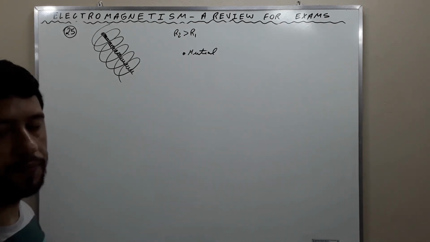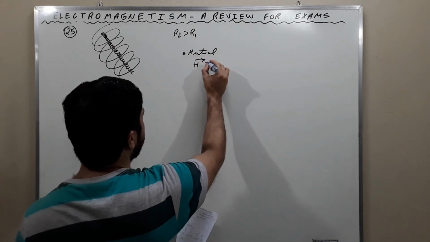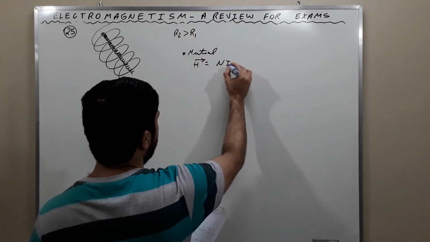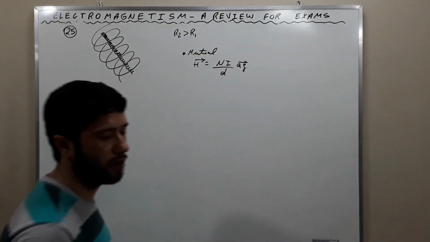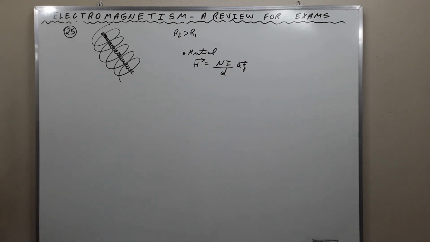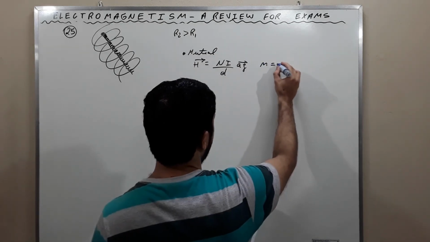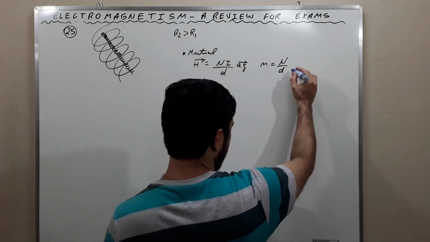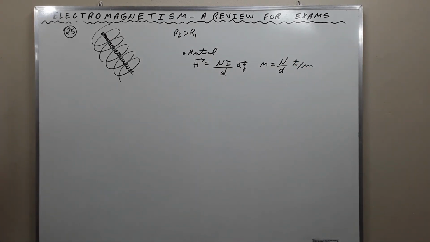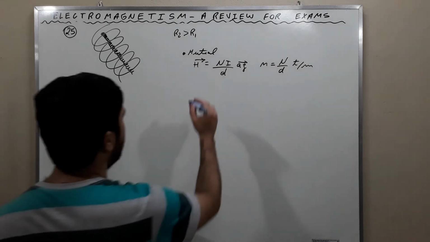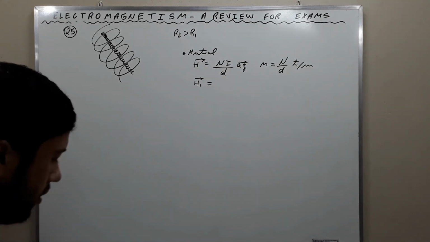For a solenoid, the magnetic field is B = μ0 N I / D in the Z direction, and if n is equal to N over D, which is turns per meter, we're going to use that for conductor 1 or the solenoid number 1.